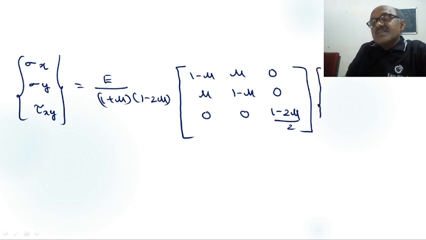Here the strain terms left are epsilon x, epsilon y, gamma xy.